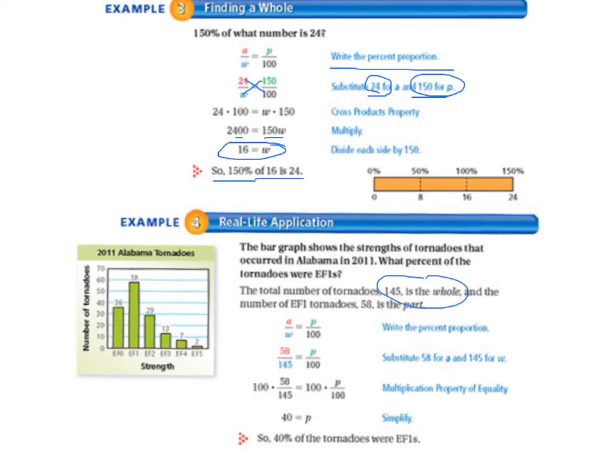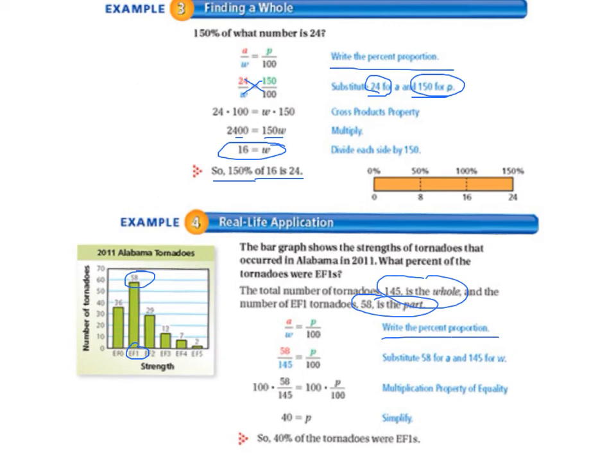And the number of EF1 tornadoes, 58, is the part. So we're using the graph over here, and we're looking and we're finding EF1 and 58. That's where those numbers are coming from.